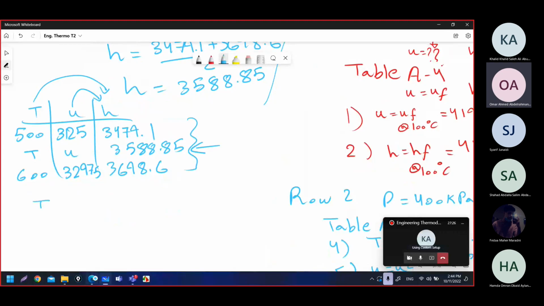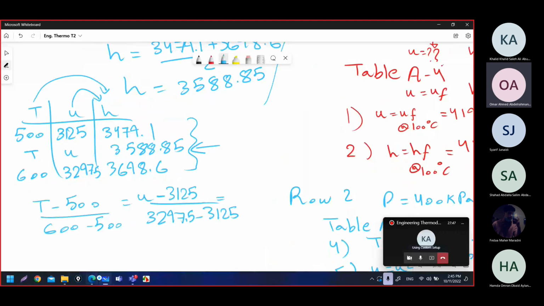So T minus 500 over 600 minus 500 is equal to U minus 3125 over 3297.5 minus 3125, and this will give you that.